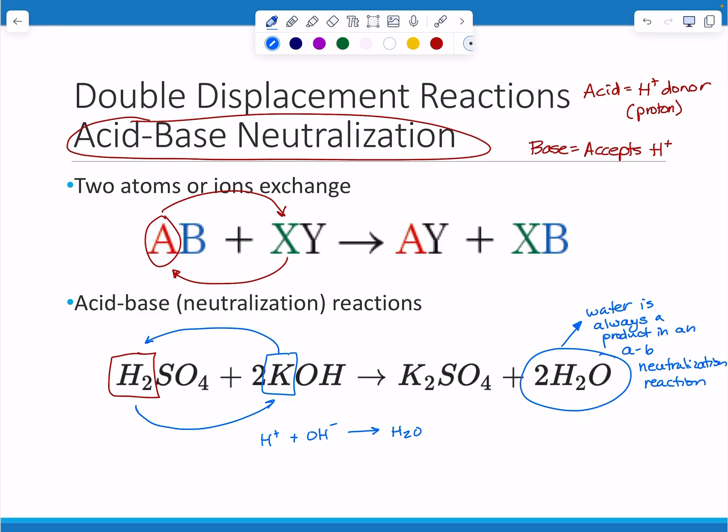So why do we call it neutralization? Okay, so, all right, so our hydroxide and the sulfate also swap, okay? So the reason we call it neutralization, okay, is because when we call something an acid, okay, it's what we call a phenomenological definition, okay?